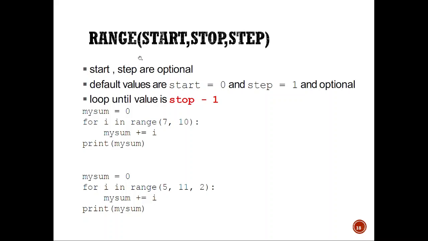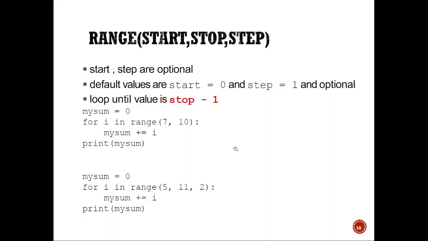The default values for start and step are 0 and 1. However, these are optional, and they can be set to be any other value. So this allows for an iteration starting from the smallest value until a value of stop minus 1.